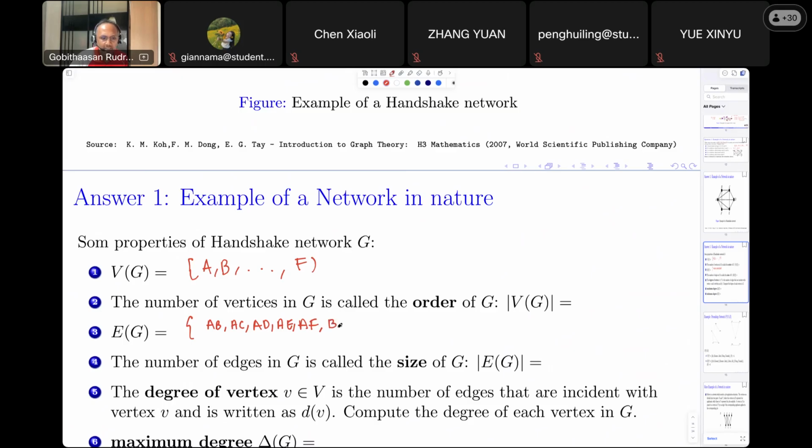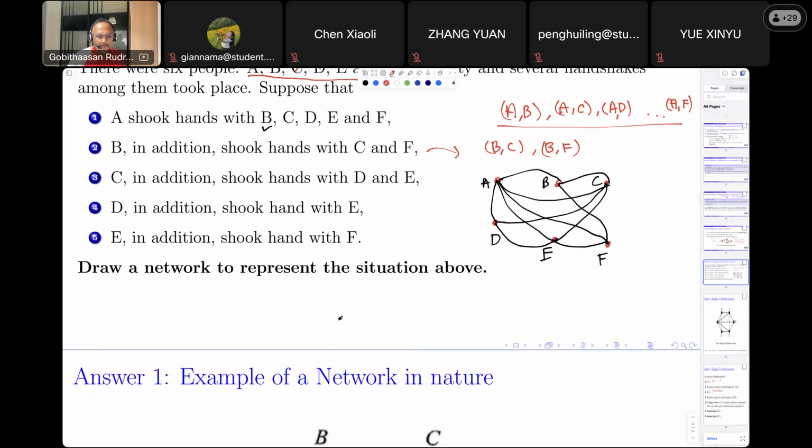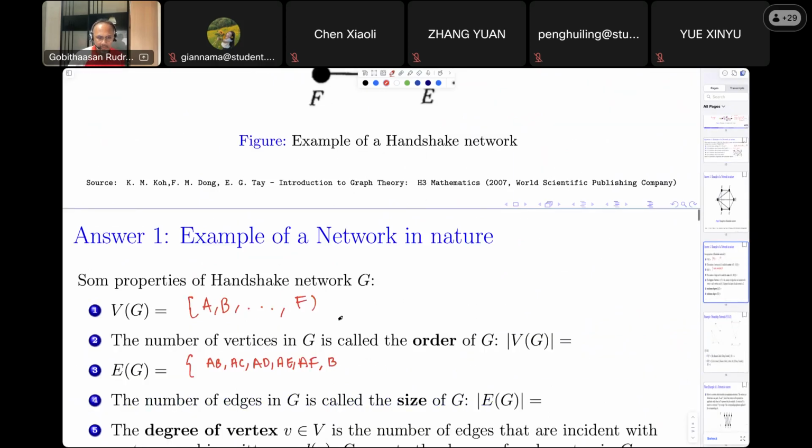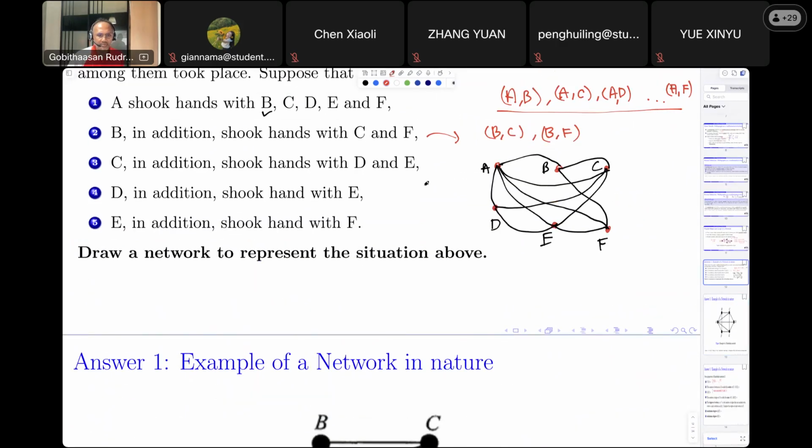And then B did with C and F, B, C, D, F, and then C with, if not mistaken, C with D and E also.